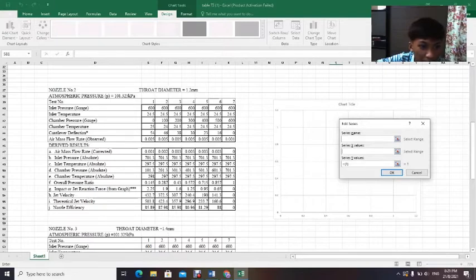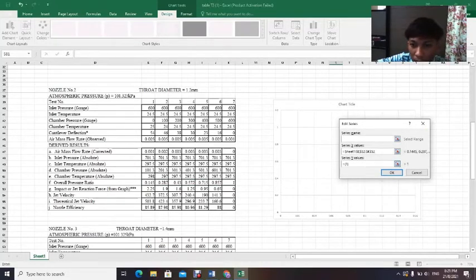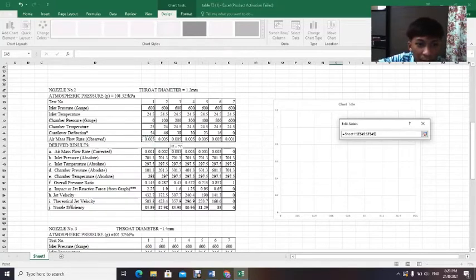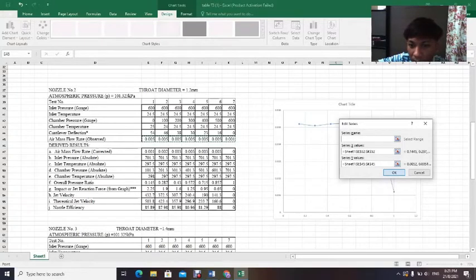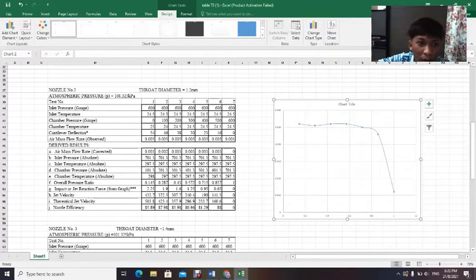First, we make the graph mass flow rate observed versus overall pressure ratio for the X values, which is overall pressure ratio, and for the Y values, which is mass flow rate observed. And this is a graph for mass flow rate observed versus overall pressure ratio.